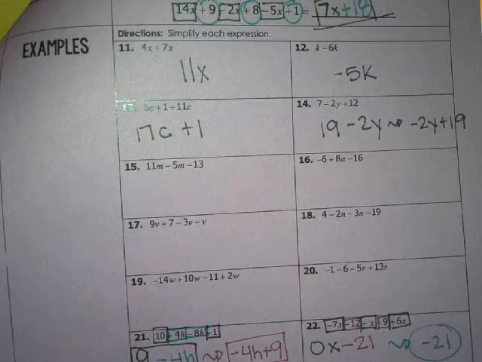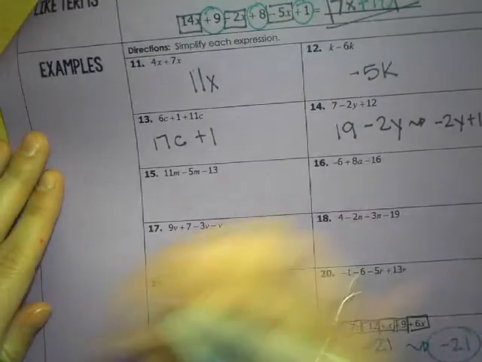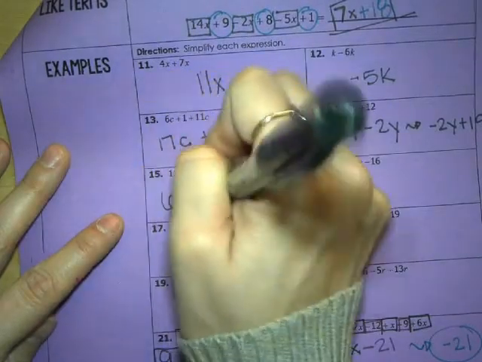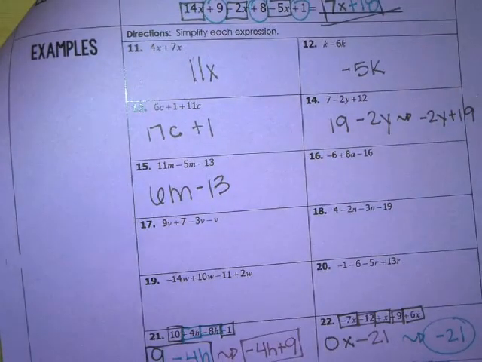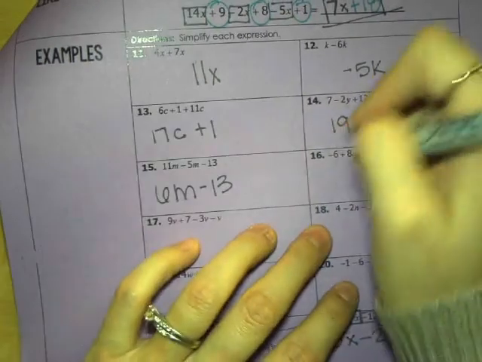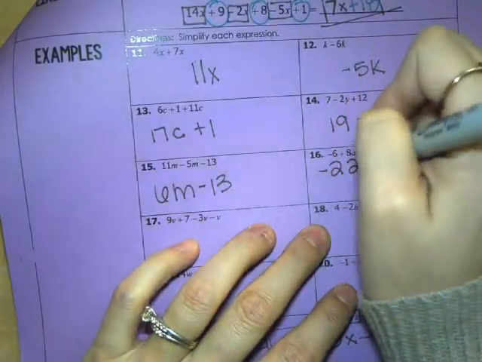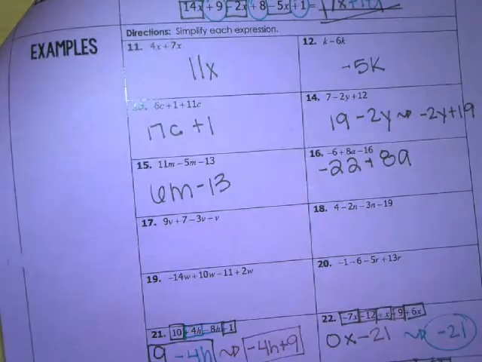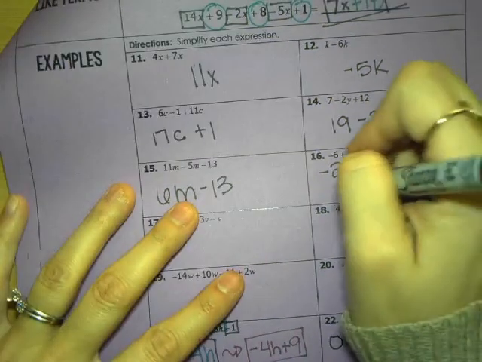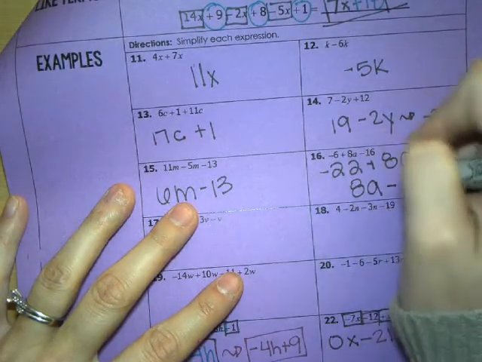What'd you get for 15? 6m minus 13. What did you get for 16? Negative 22 plus 8a. Who could tell me how to rewrite that with the variable term coming first? Anderson? 8a minus 22.